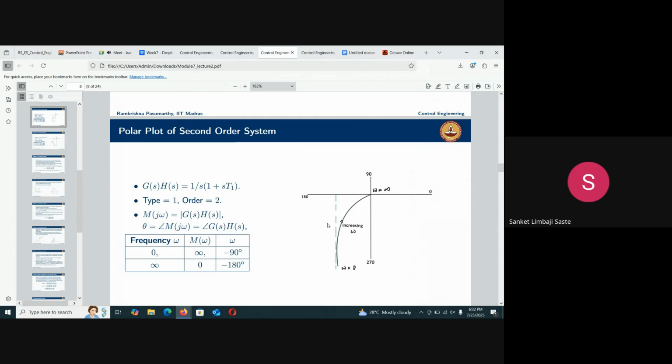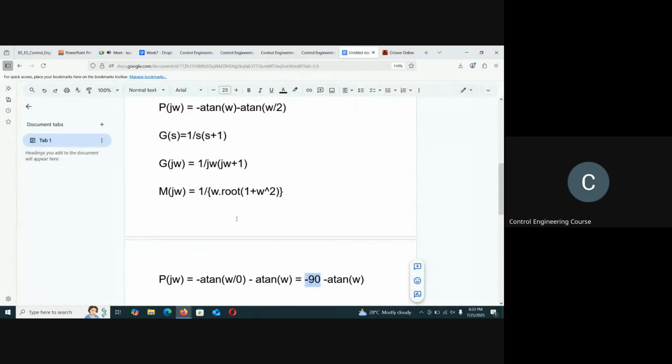So you'll have something like this. As omega increases, what happens to the magnitude? As omega tends to infinity, the magnitude tends to 0.